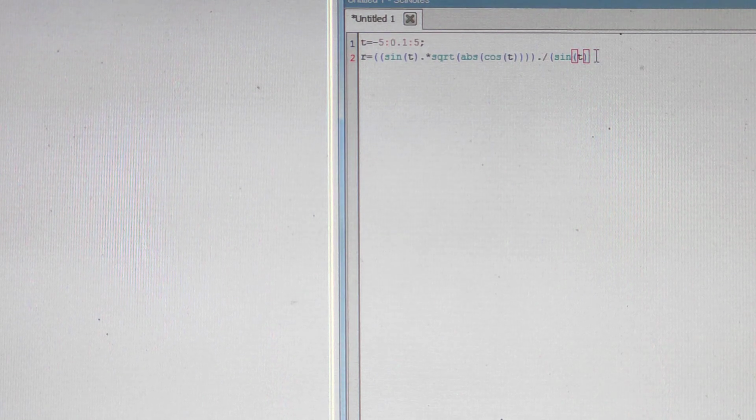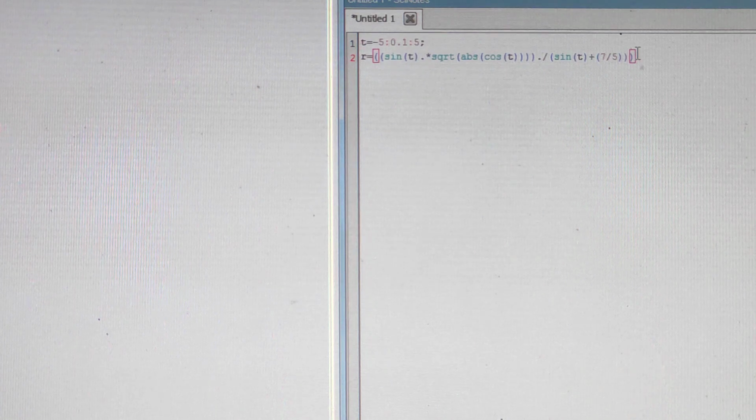Then plus 7 by 5. Plus bracket start 7 by 5. Then you have to close the denominator. Clear?